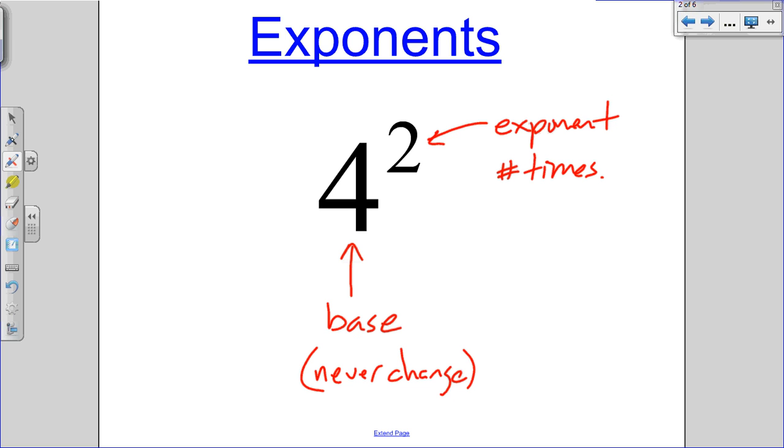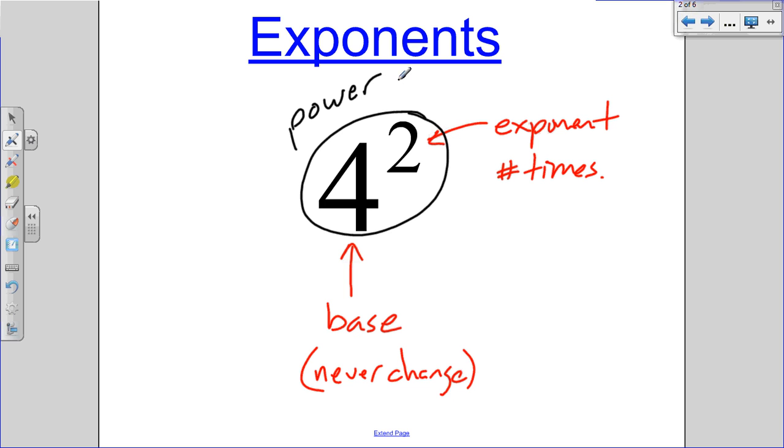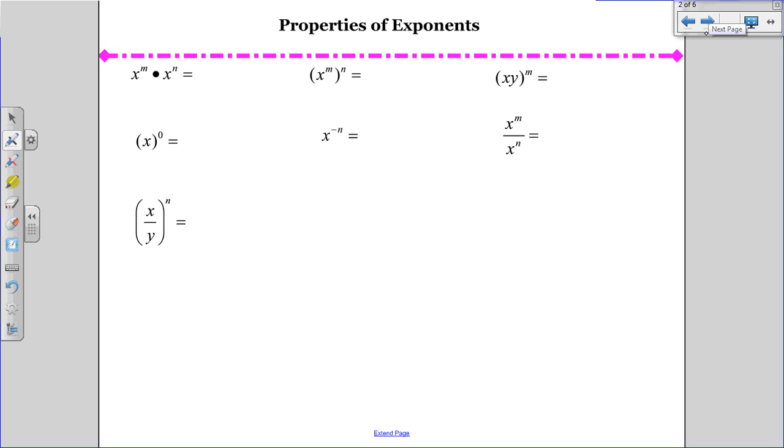Now the entire thing is called the power. Okay, so here we'd say the power is equivalent to 16. 4 times 4 repeated twice. So that really means 4 times 4 is equal to 16. So we'd say the power is 16, the entire value of this expression. Okay, so base, exponent, and power.